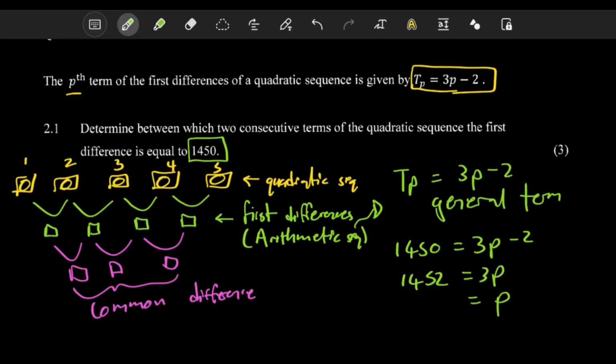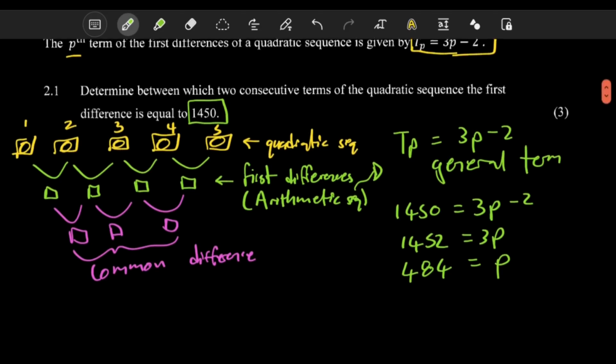1452 divided by 3, you're going to get 484. What am I so busy saying one thing and writing the other? But it's 484. So if you're going to get a value here that's in position 484, it means that the term here is 484 and the term there is 485.